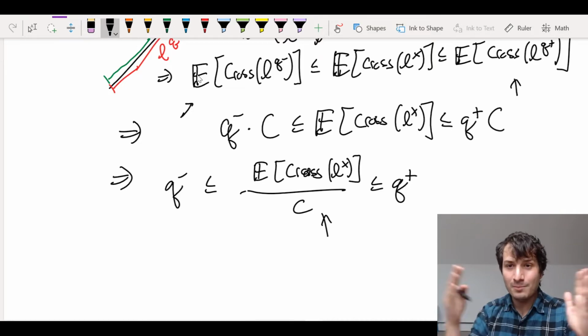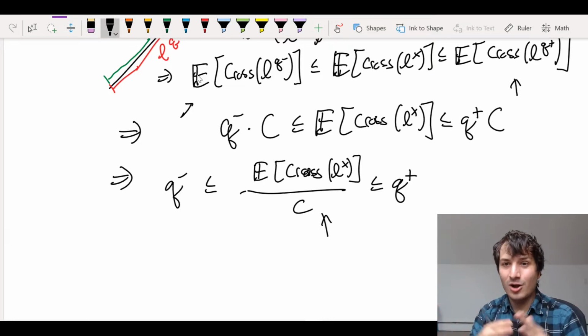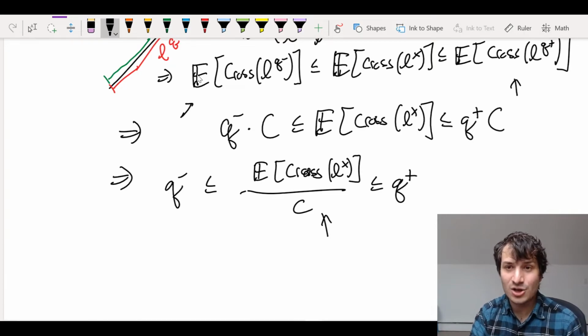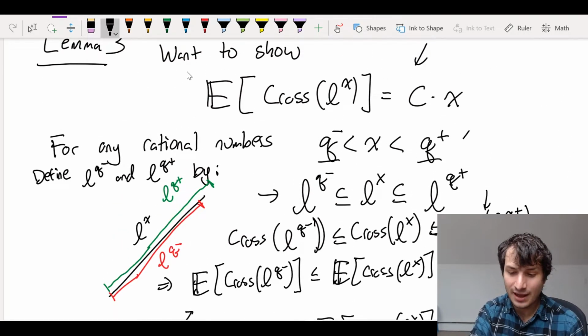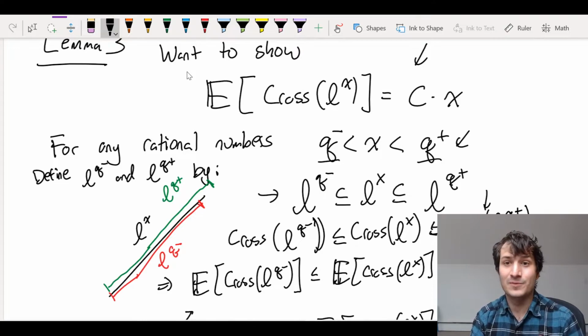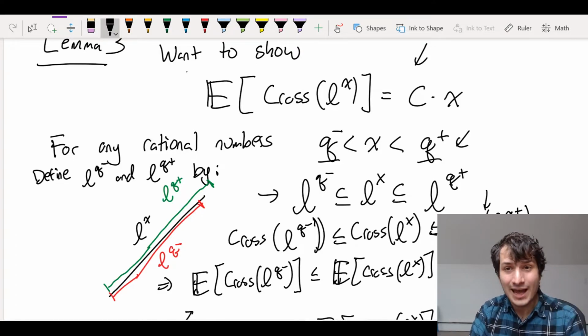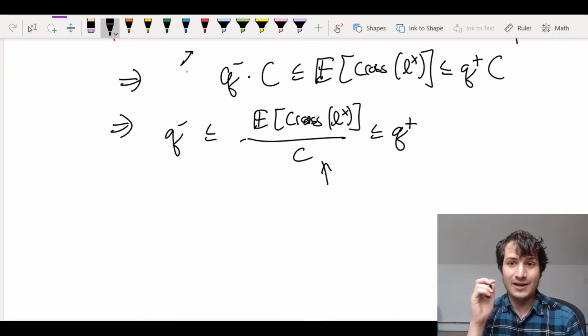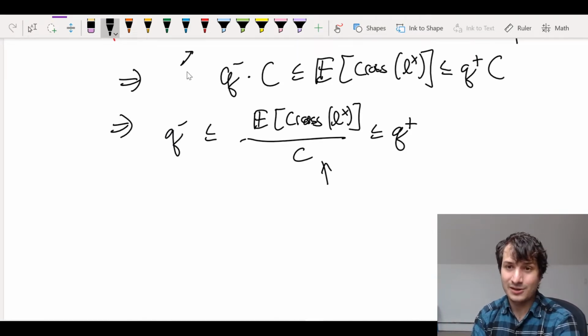So what number of all the numbers in the world can be sandwiched between Q minus and Q plus for any Q minus and Q plus that sandwich x? The answer is it's only x. So because this is true for all Q minus and Q plus, this is going to imply that the middle guy has to be x.